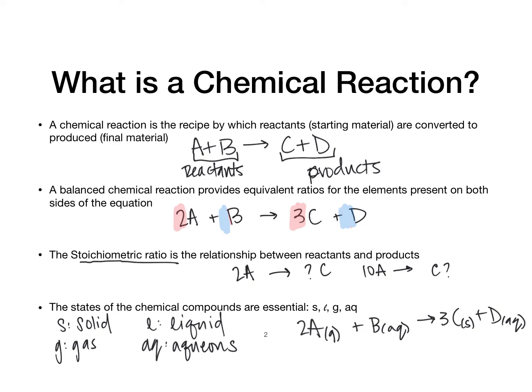And aqueous means dissolved in water, and we are going to get in depth into aqueous solutions, how they function, what they do in a later video. But a chemical reaction is just the arrangement of the different reactants and products.